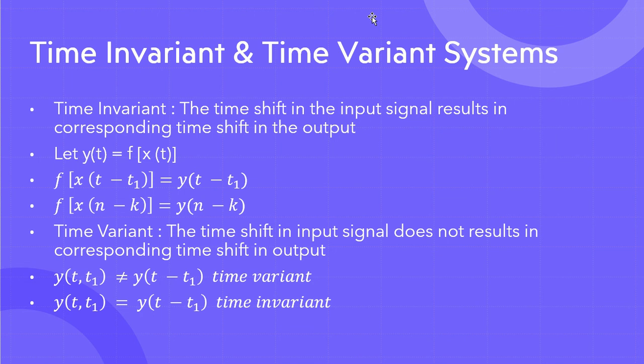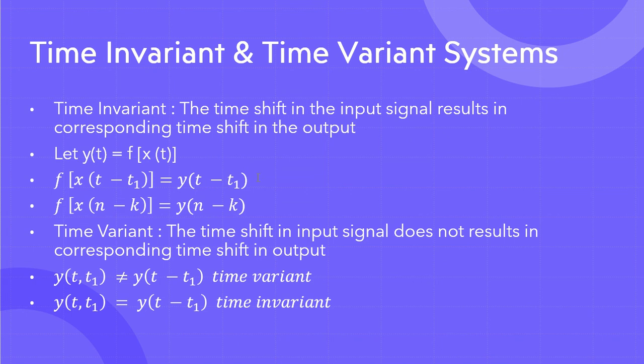So if I give a t1 delay to my input signal, f of x of t minus t1, then my output will also be delayed by t1. See, y is equal to y of t minus t1, right?